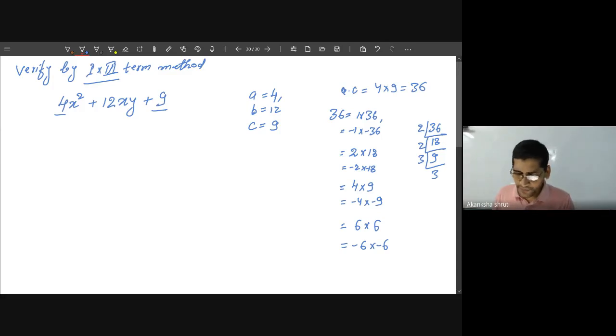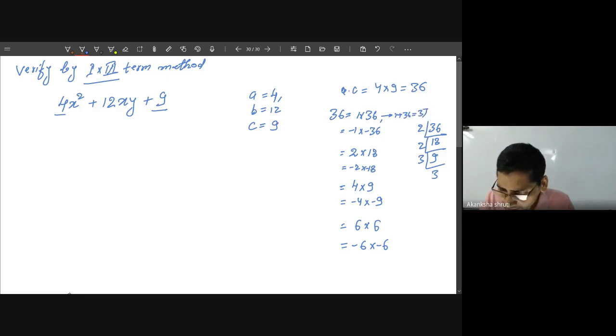So which one is preferable for us? 6 into 6. For that you have to just go for adding these two factors, and you will get the answer. 1 plus 36 is how much? 37.